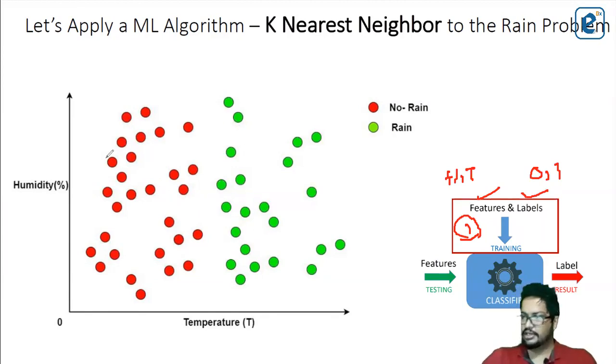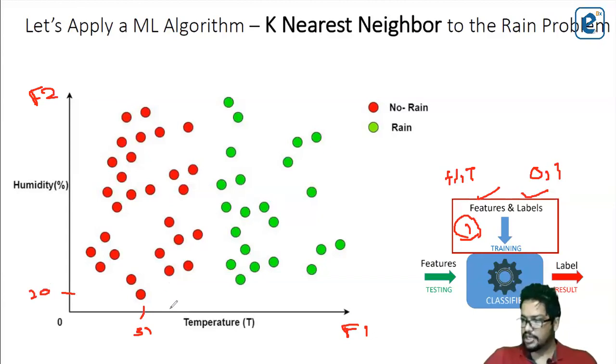So this is an illustration, not a real data set, right? Just an illustration. So I'm going to take feature 1 on the x-axis and feature 2 on the y-axis, right? Then I'm going to place the data set. So let's say this is day 1. Day 1 temperature and day 1 humidity, right?